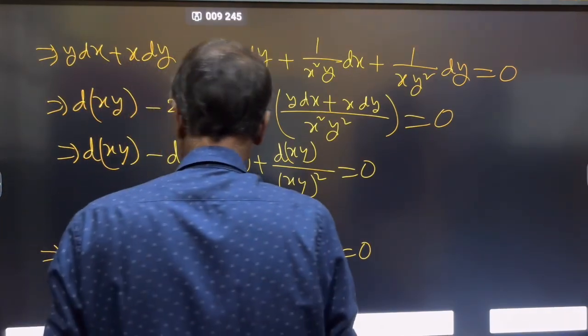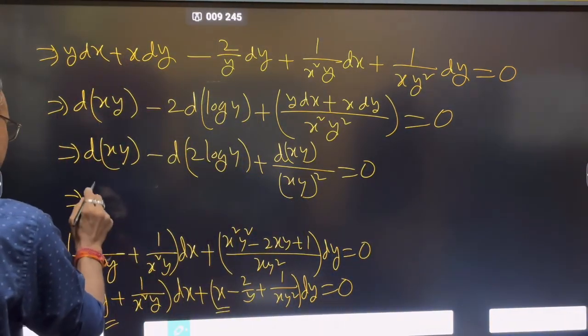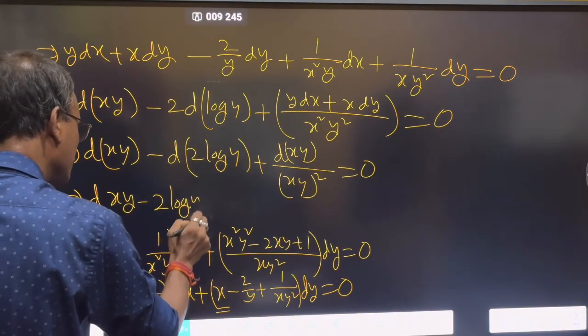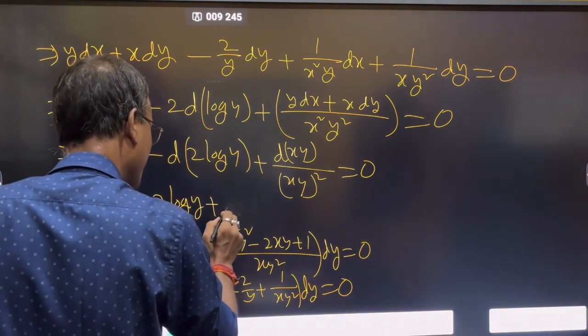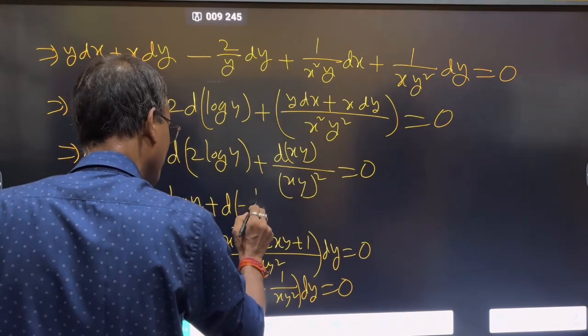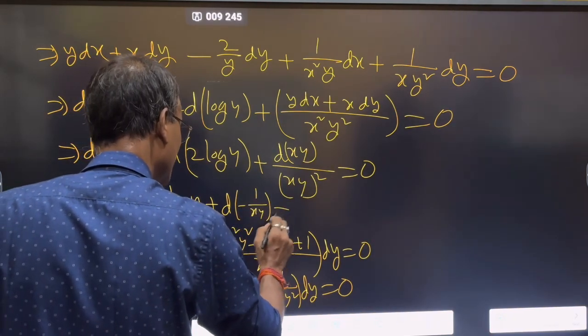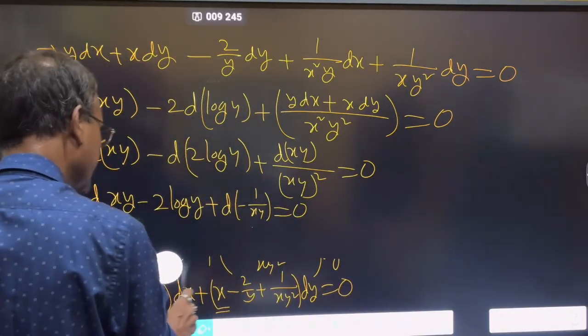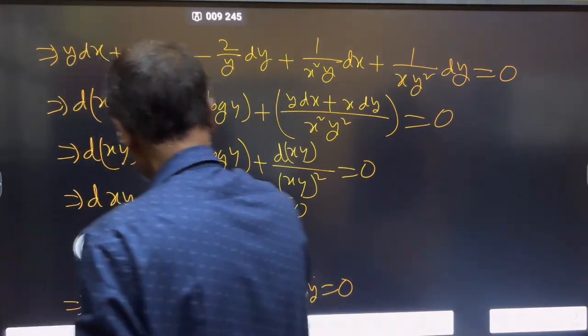This means d of xy minus twice log y plus d of minus 1 by xy equal to 0.